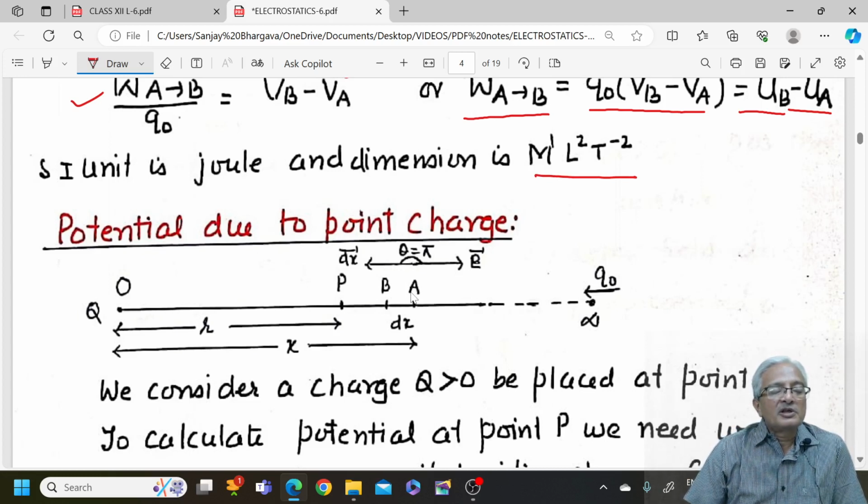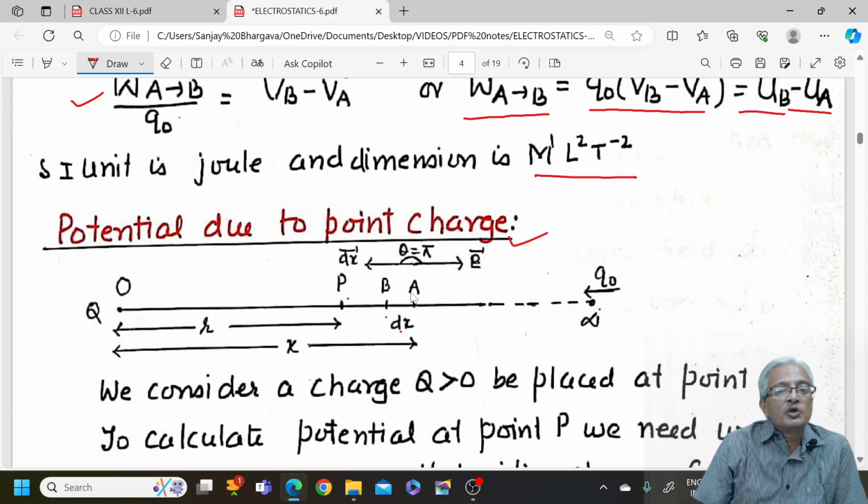Now for the first time we try to calculate what would be the potential due to a point charge. So how did we define potential? Work done in bringing a unit positive charge from infinity to that point. So we have to bring a unit positive charge from infinity to point P, and the entire length of the path is divided into small intervals dx, A to B. At the point A, the direction of the electric field is to the right.